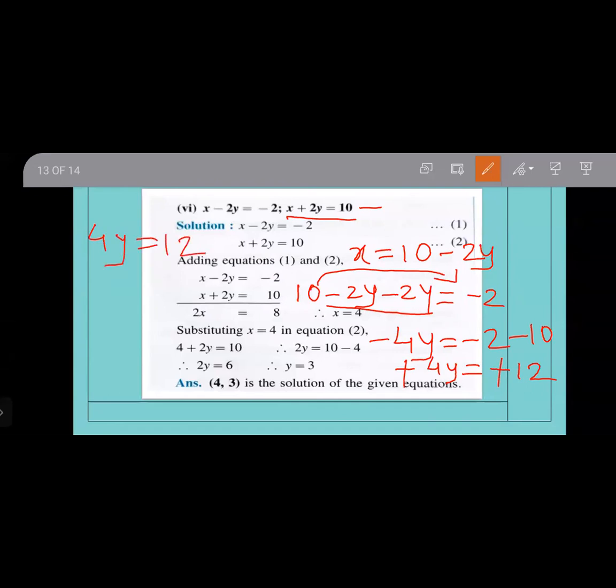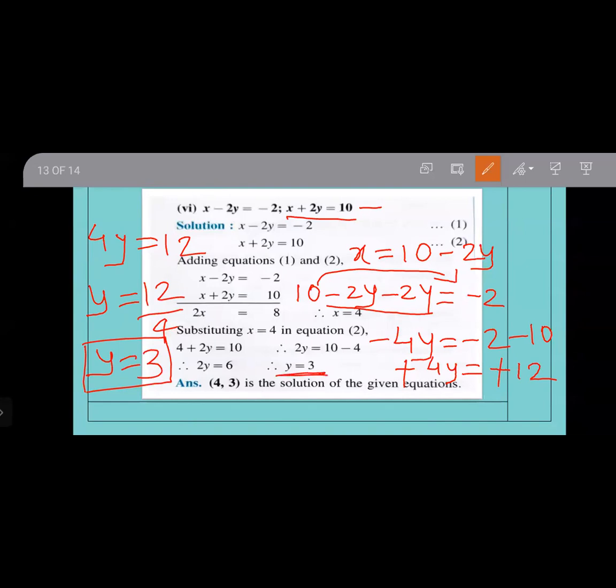Here also, an equation in one variable. So y = 12/4. So y = 3. See here, y = 3.